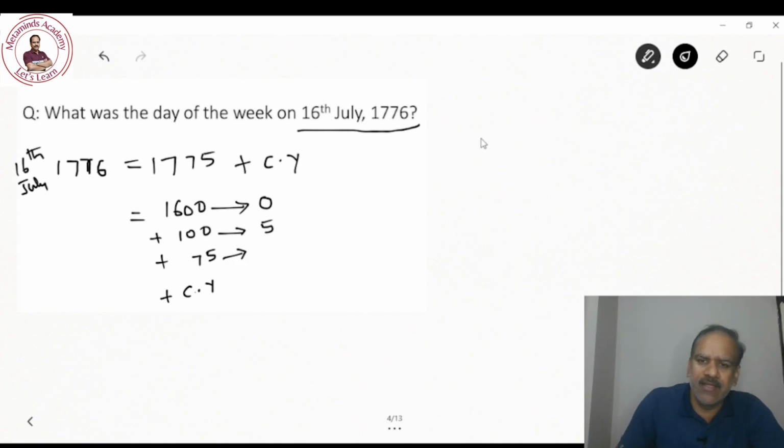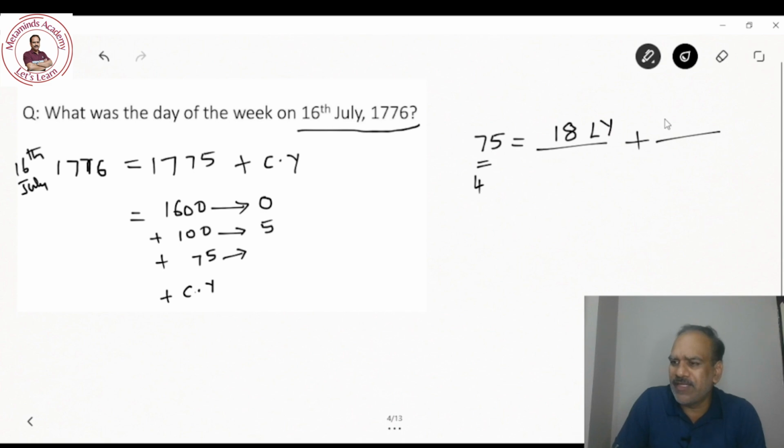75 years. So this 75 we have to break down into number of leap years plus number of ordinary years. How do you get number of leap years? You divide the 75 by 4, you will get 18 as quotient. So 18 leap years, the remaining is 57 ordinary years.